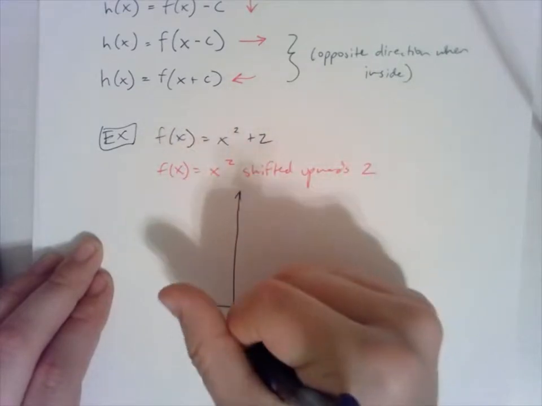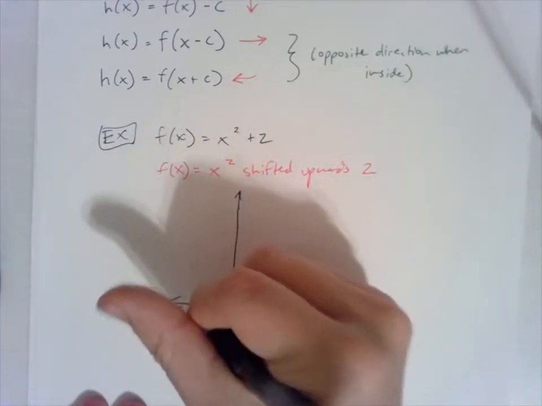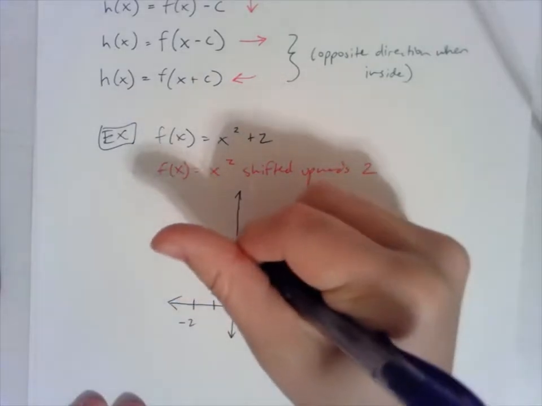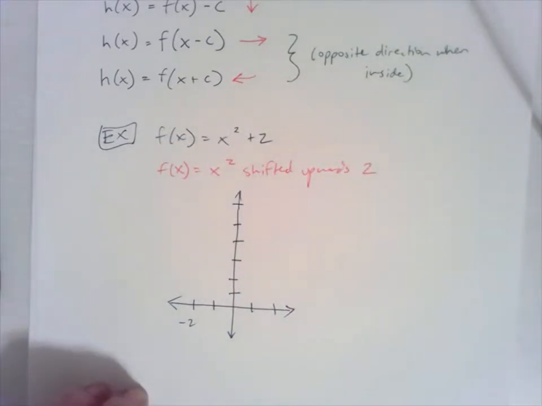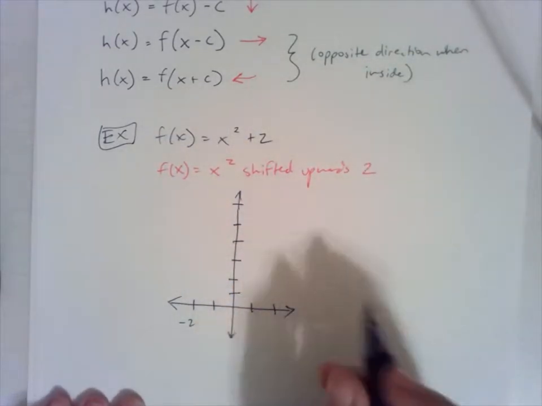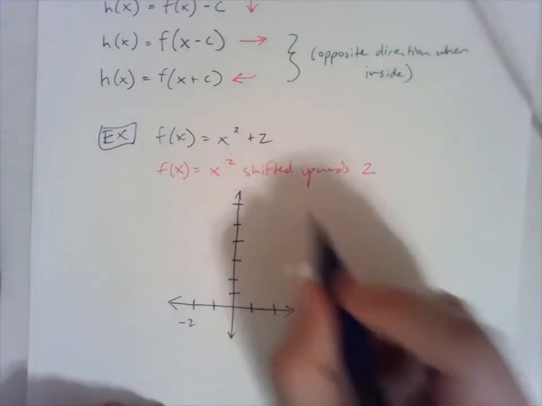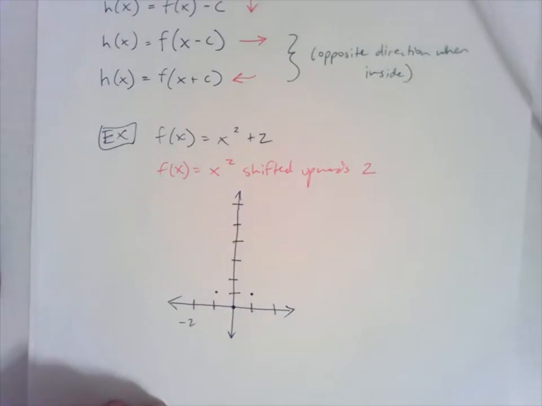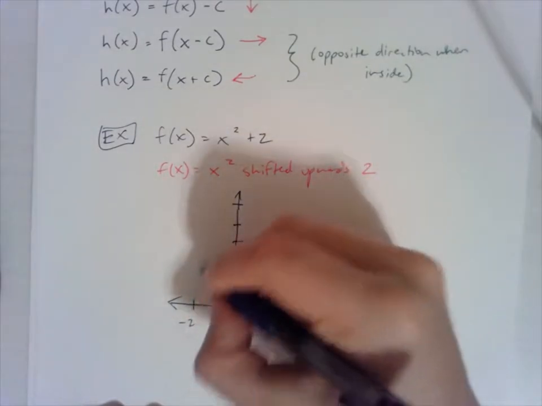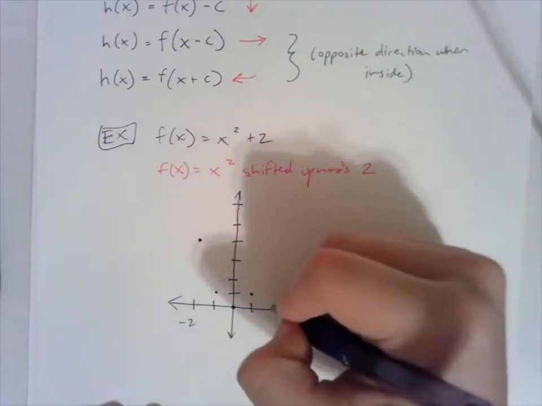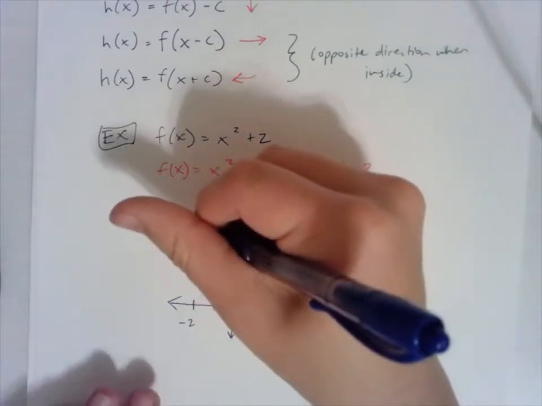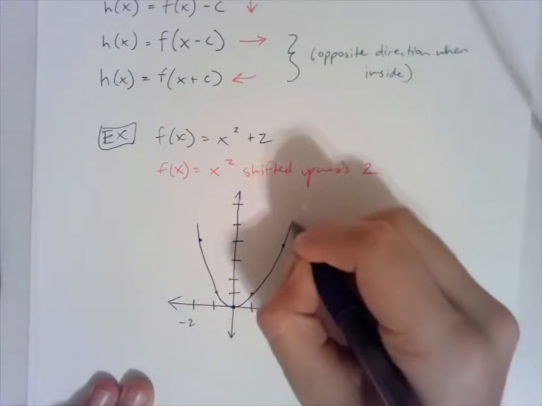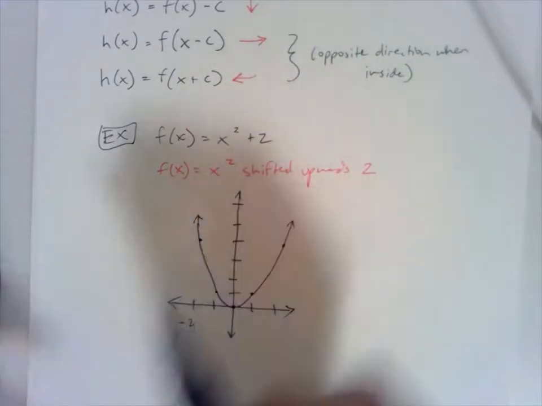We can do a quick graph of that by hand. Let's call this 1, 2, negative 2, 2. We'll go up 1, 2, 3, 4, 5, 6. We always begin with x squared, our parent function, which has points at 0, 0, 1, 1, negative 1, 1, negative 2, 4, positive 2, 4. We'd have that classic little parabola shape. Let's graph our guy in red.